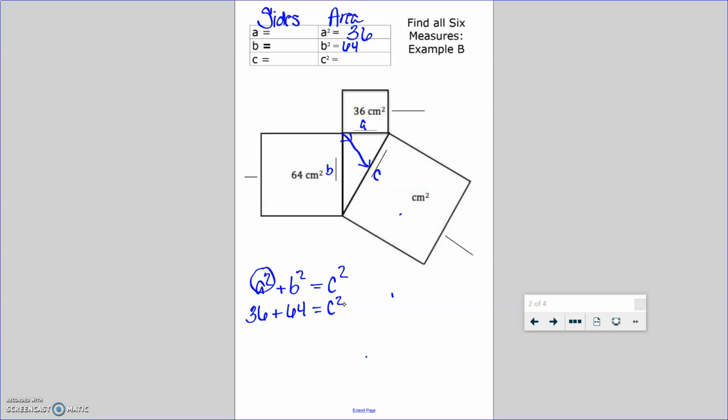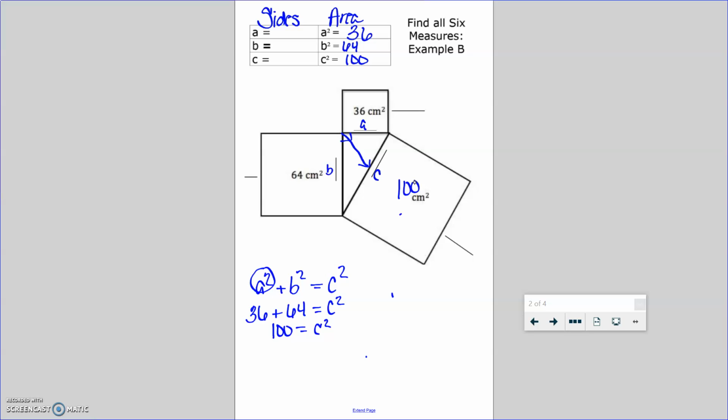Now we need to add these two numbers up, and you use your calculator. 36 plus 64 gives us 100. 100 is equal to C squared. So we know the area of this square is 100 centimeters squared.